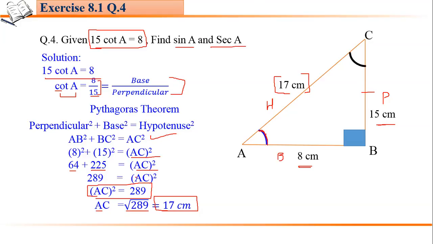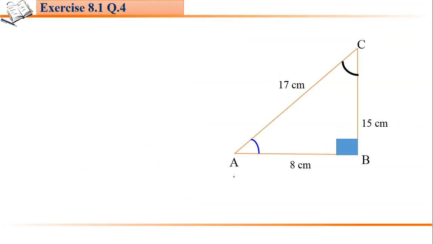So by using the Pythagoras theorem, first we calculate this AC. Now we have found all three measurements of this triangle: the perpendicular, hypotenuse and base. Now we'll find the value of sine A and secant A. First we calculate sine A. This is the triangle given to us, and we have already found the hypotenuse. Sine A is perpendicular upon hypotenuse.